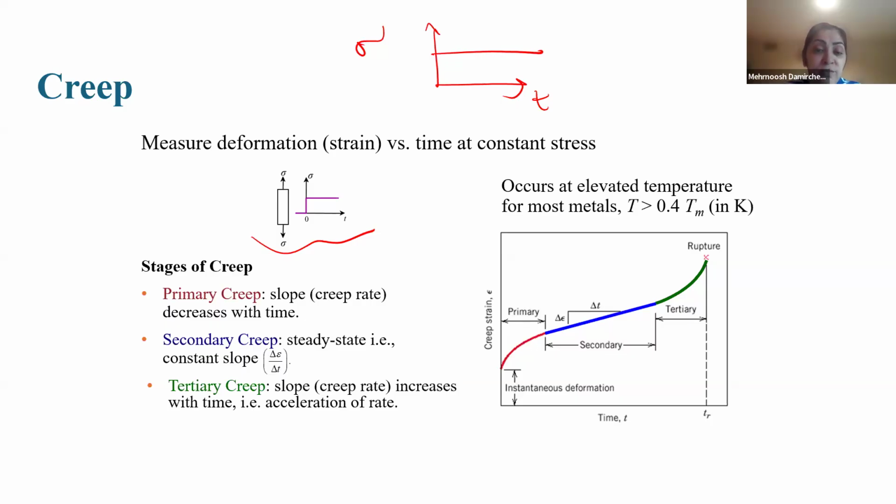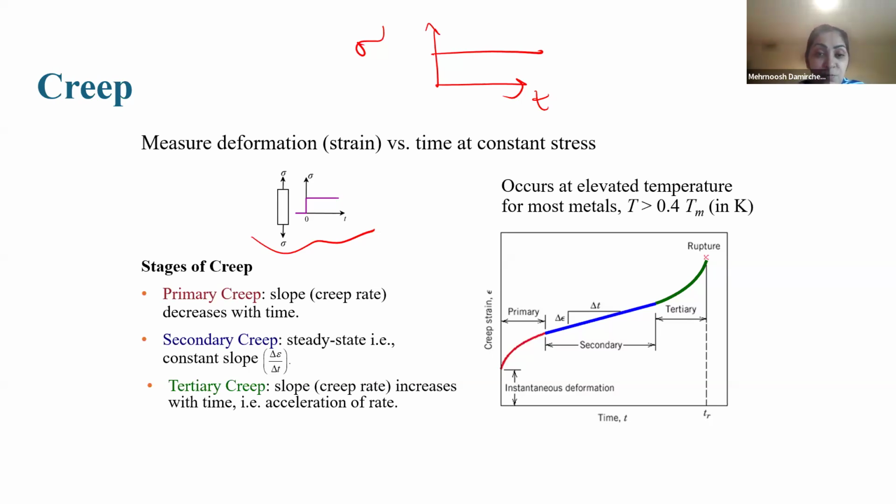As I told, we have three stages in creep that we call primary, secondary, and tertiary. Primary is shown in red, secondary in blue, and tertiary in green. The creep rate in primary decreases with time as strain hardening occurs and the material adjusts to the applied stress.